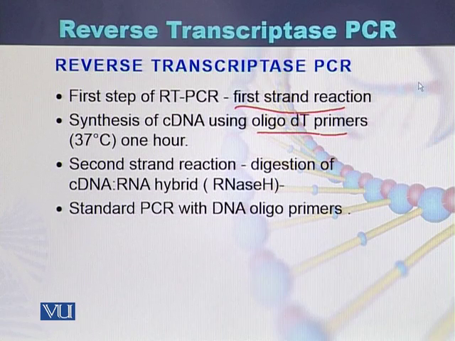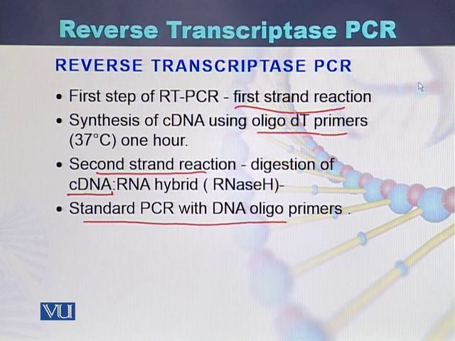Once, by using the oligo-dT, there is synthesis of cDNA, then there is the second strand reaction, that is the digestion of the cDNA. So as a result of the second strand reaction, which is actually the standard PCR by using the DNA oligo primers.